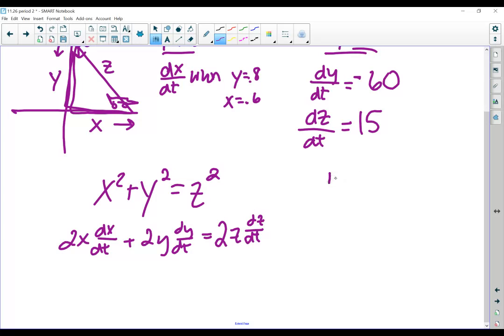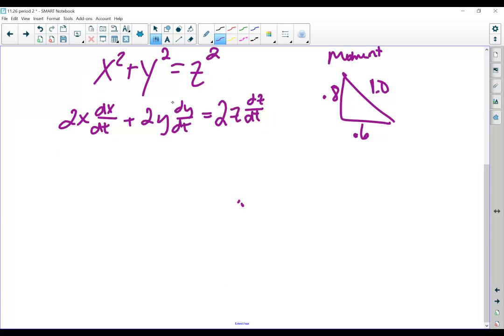Now at this moment, let's figure out where we are. At this moment, we know that this distance is 0.8 and this distance is 0.6, which means I could figure out at this moment, this distance would be 1.0 because it's a 6, 8, 10 triple, or I could use the right triangle theorem to figure it out. I'm looking for dx dt.